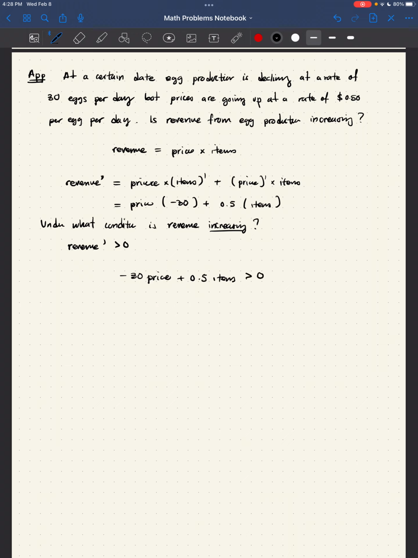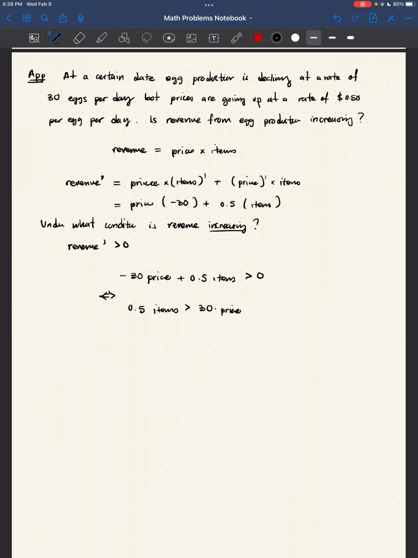Right? That's the condition. Let's try to isolate all of this. This is equivalent to saying that 0.5 times the number of items is greater than 30 times the price.